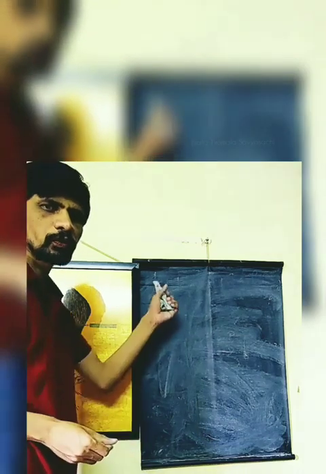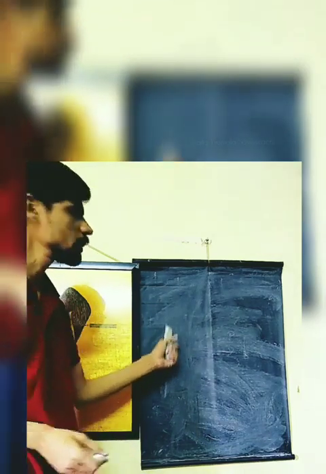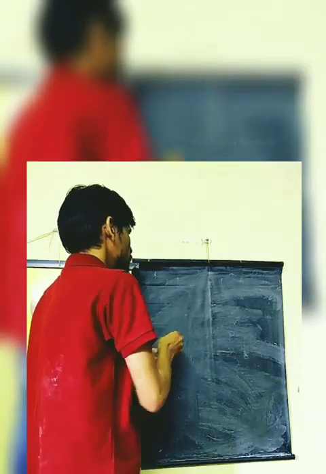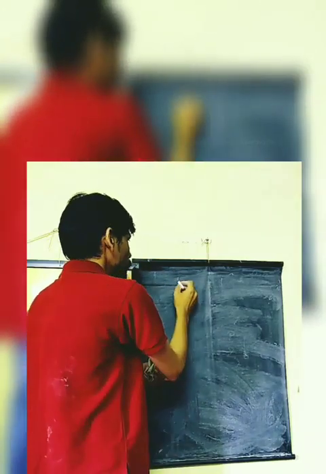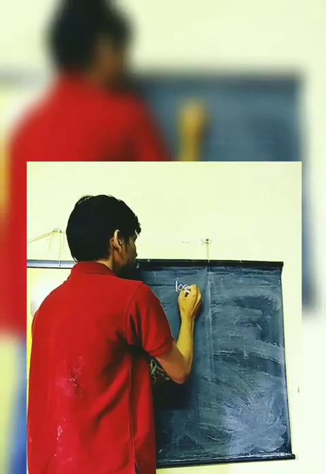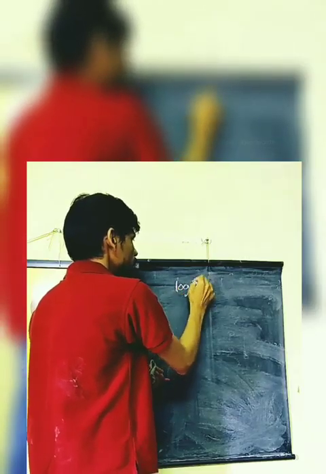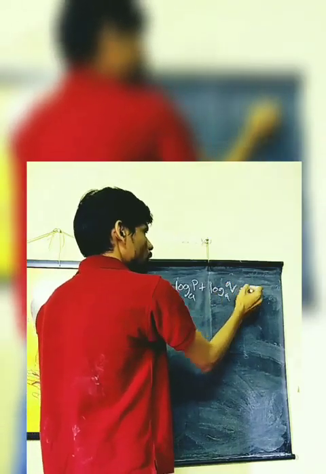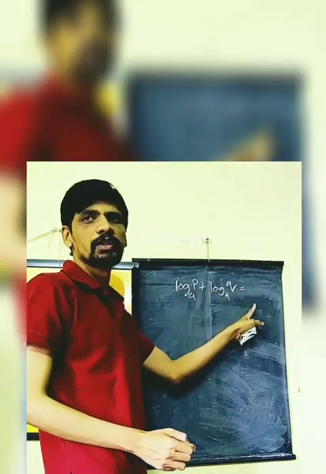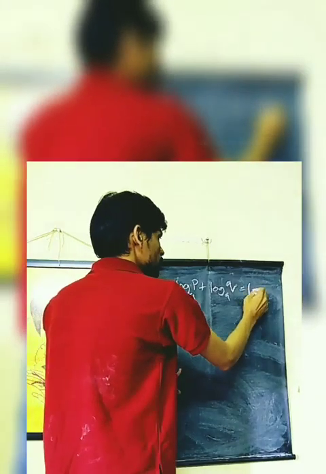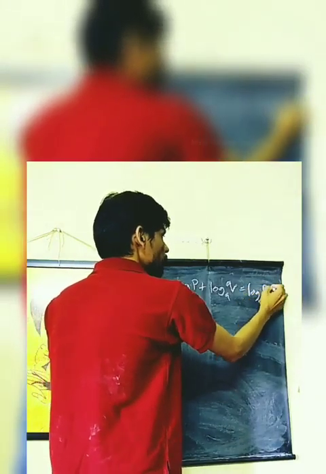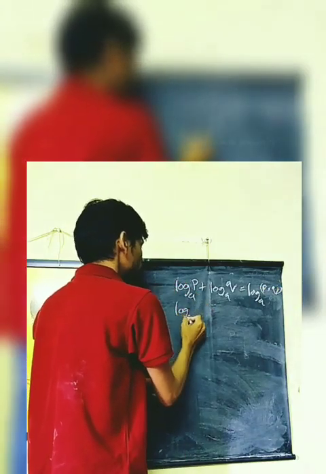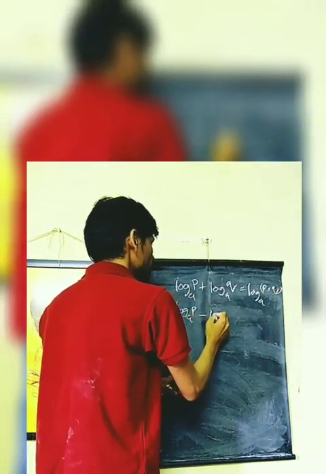So till now, what are the laws we learned, I will write down so that everyone will understand. So log, when you are doing an addition, what will be the answer? Multiply. Yes, log a of p multiplied by q. When I am doing a subtraction, what will happen?